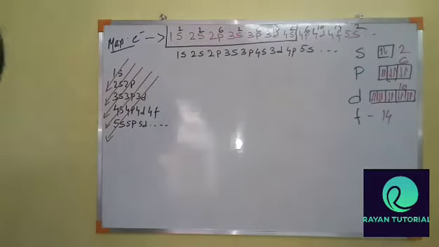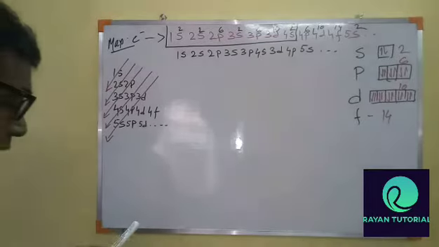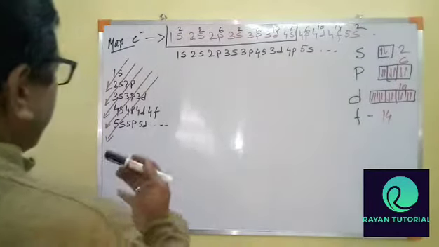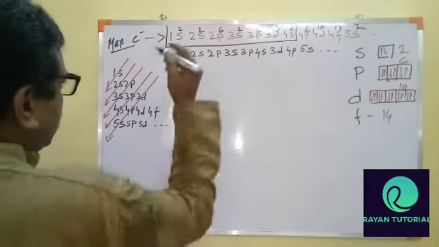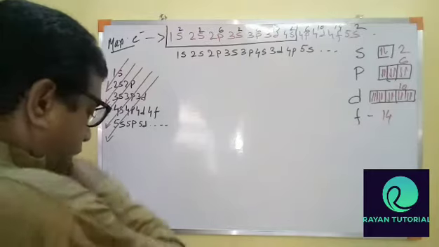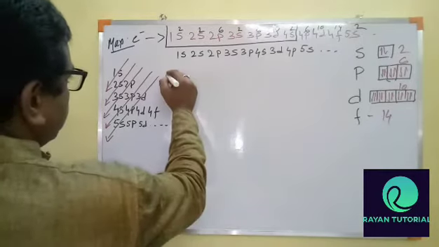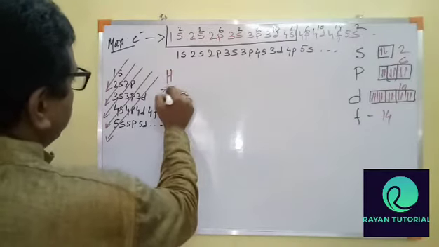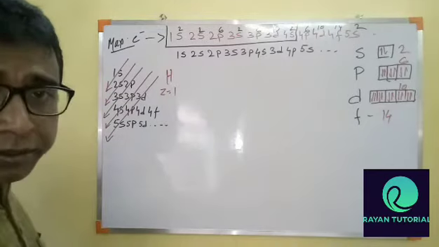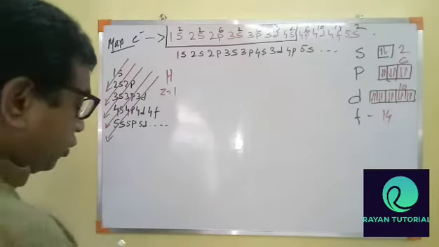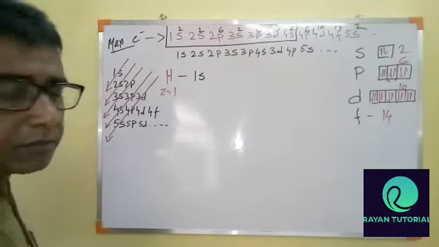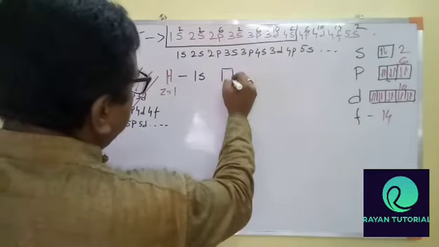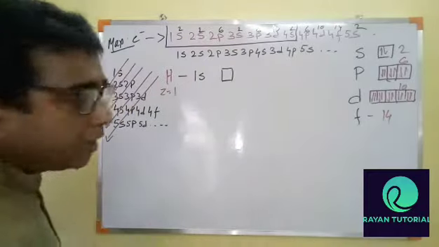Now suppose I want to fill up some elements. Say we take the atomic number, like hydrogen. Hydrogen is 1, right? That means hydrogen will be 1s, with only one electron.